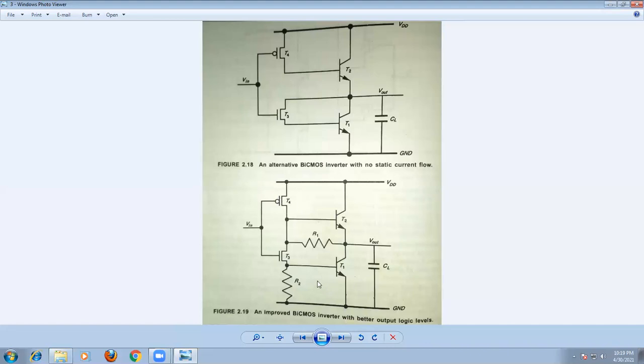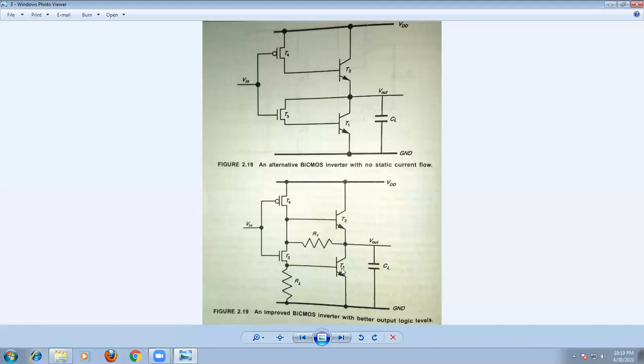But now just observe in this case. Assume that when this transistor is on, initially this transistor is off. During the on condition of transistor T1, some amount of charge is stored in the base region.